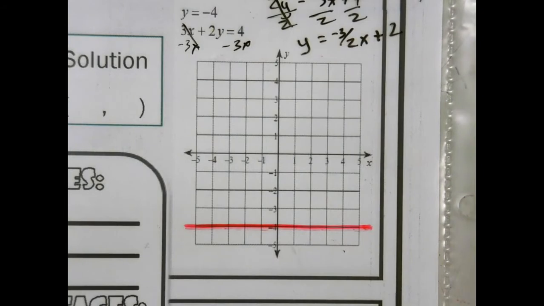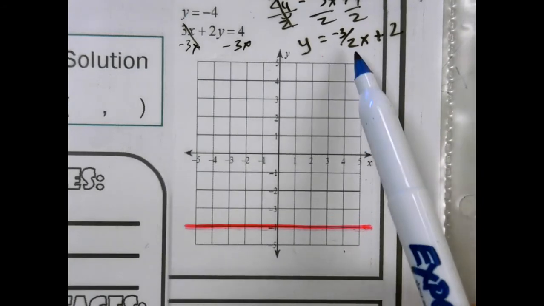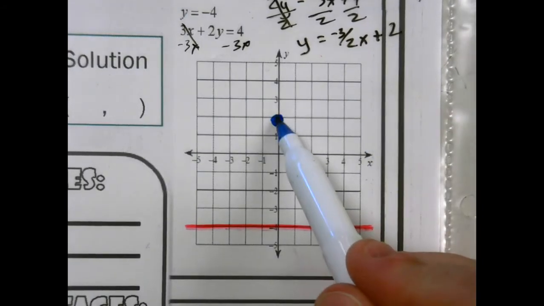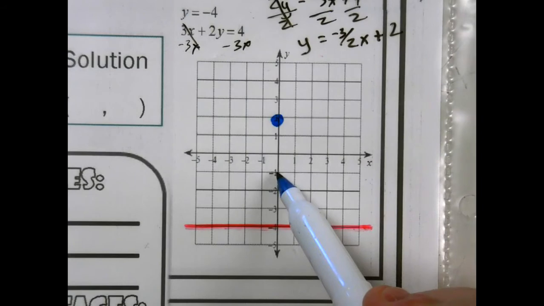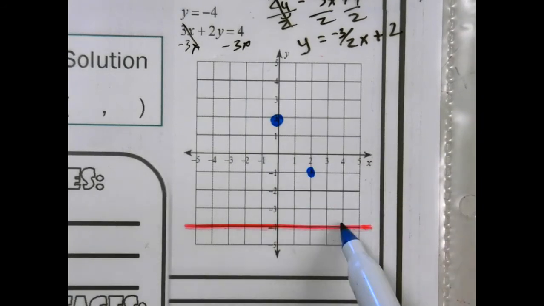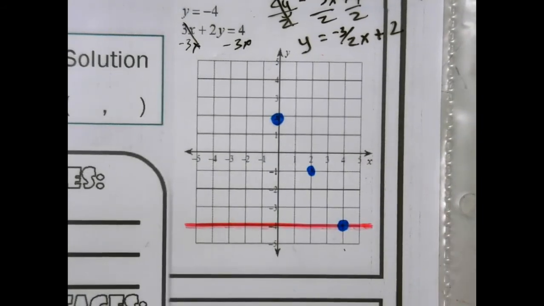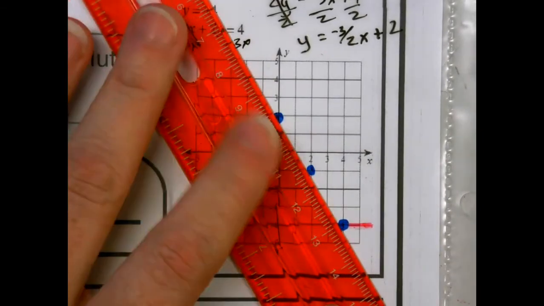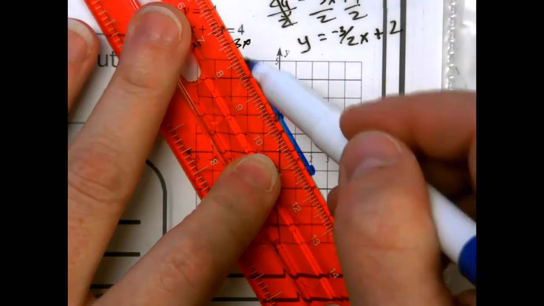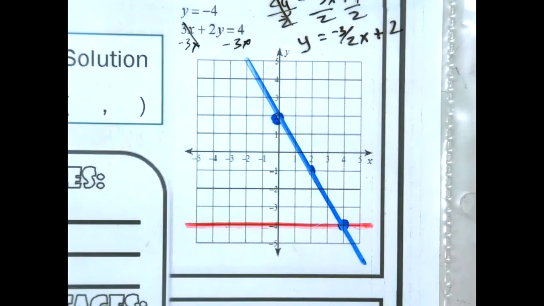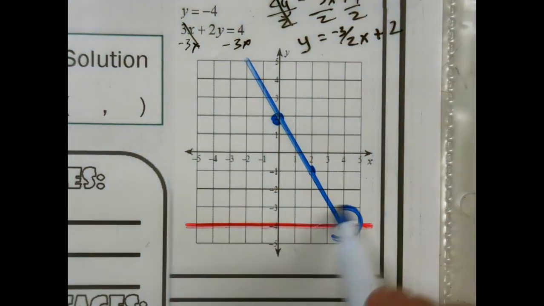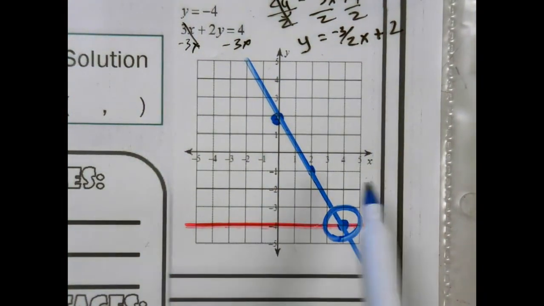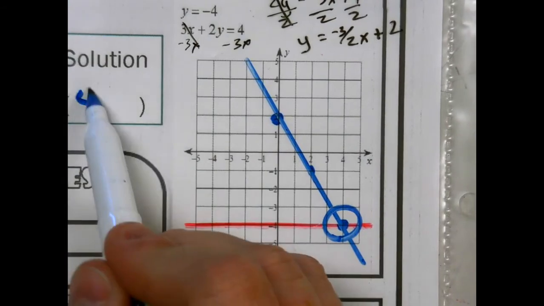So now I have my other line. It goes through +2, goes down 3 over 2, down 3 over 2. So there's my solution for this one, which is at 4, -4.